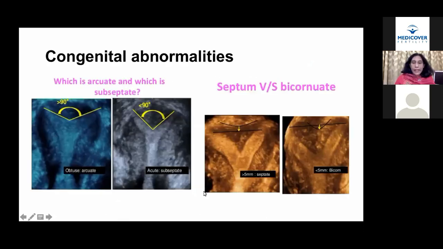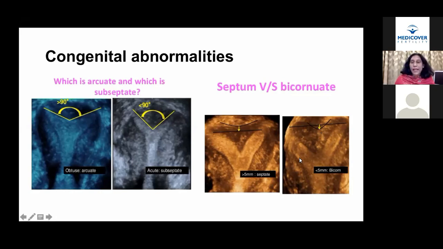Now the thing is, how will you differentiate? You can see here, if it is an arcuate, this angle is obtuse, more than 90 degrees. If it is an acute angle, then it is more likely to be subseptate. Also, between septate and bicornuate, if you measure like this and this distance is more than 5 millimeters, it's more likely to be septate.